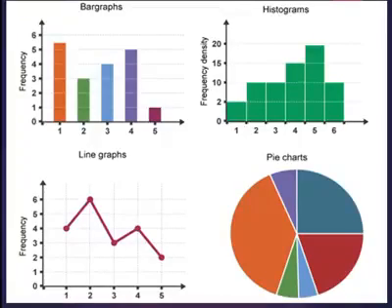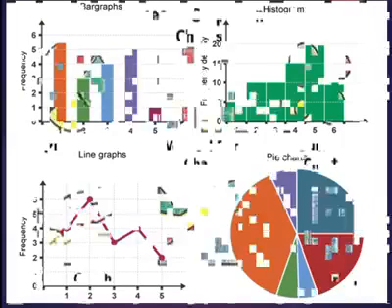First of all, you need to identify which graph is what. At the up left corner of this slide, you see bar graphs. At the right corner of this slide is the histogram. At the left bottom is line graphs and the right bottom is the pie chart. These four charts are also very important. Let's have a look at the next slide.